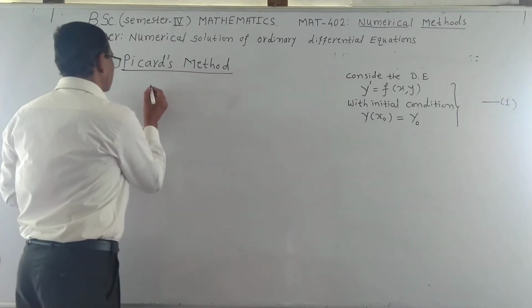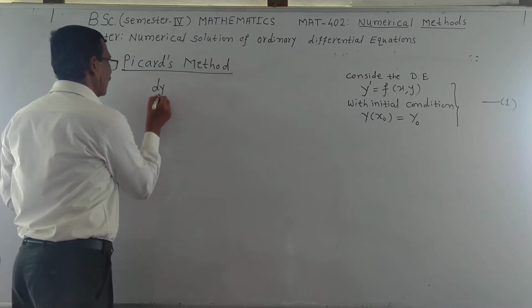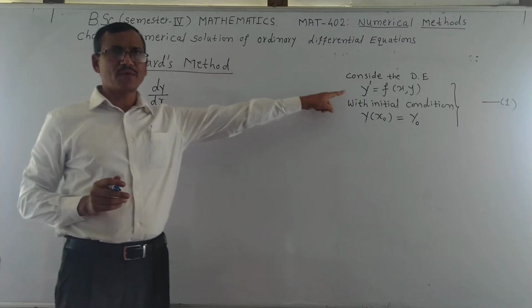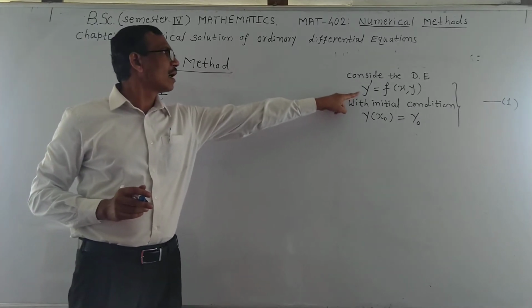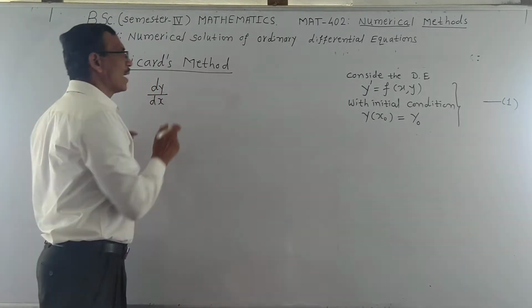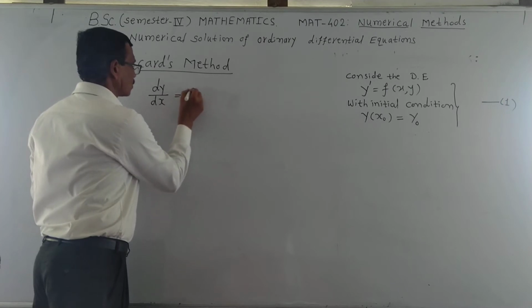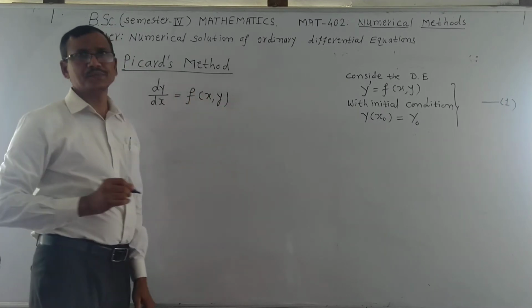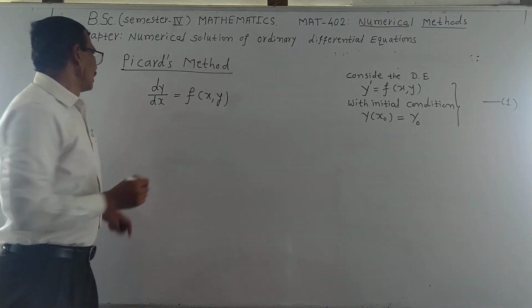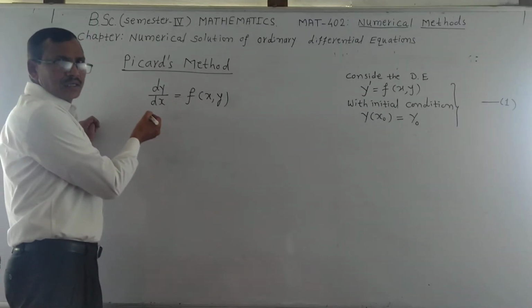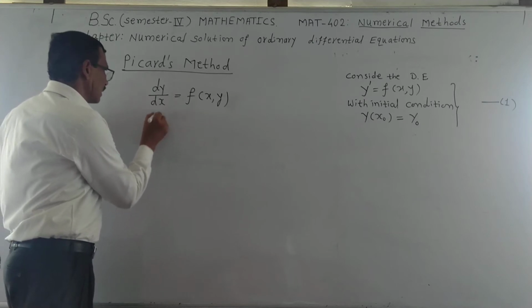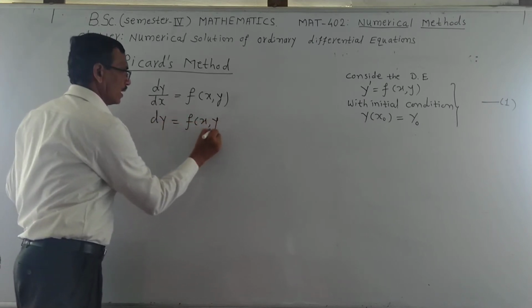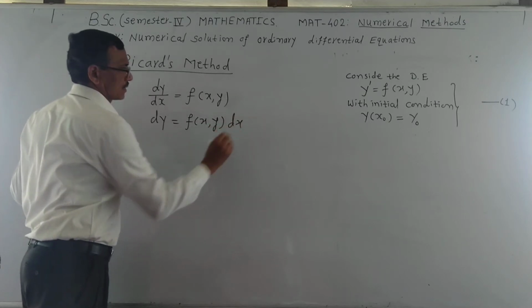That means it is dy by dx, because we know that dy by dx is denoted by y dash. This differential equation is dy by dx is equal to f of x, y. Now this equation can be written as dy is equal to f of x, y dx.